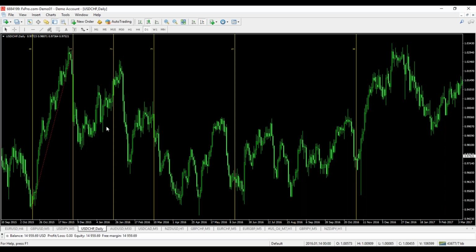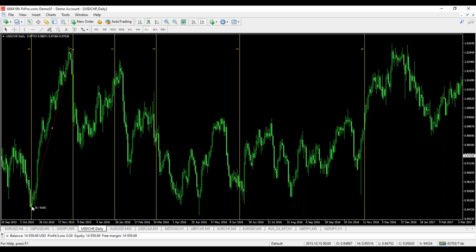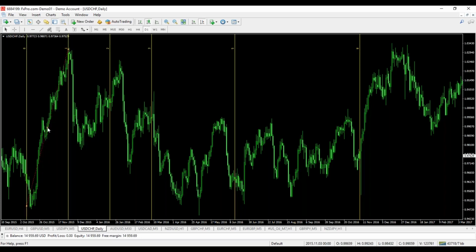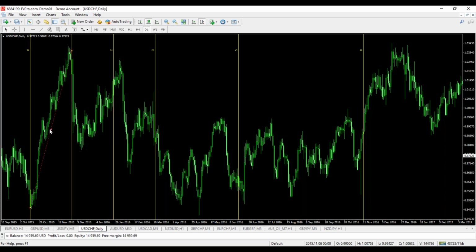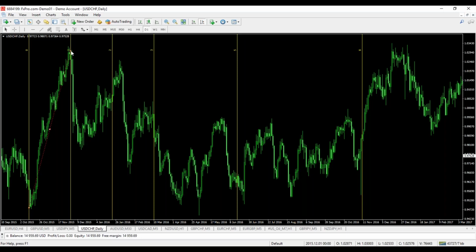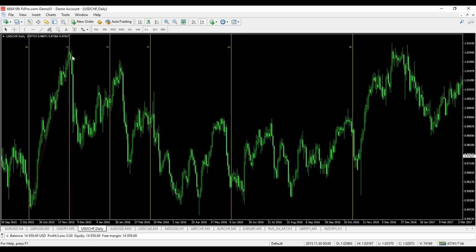And some of them are not matching very well, but some of them are pretty impressive. For example, when we take this trend over here, but this indicator needs to be moved a little bit to the right. Here it is. The bottom of the trend and the top of the trend over here.